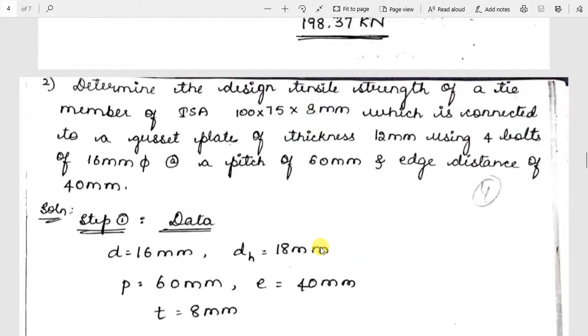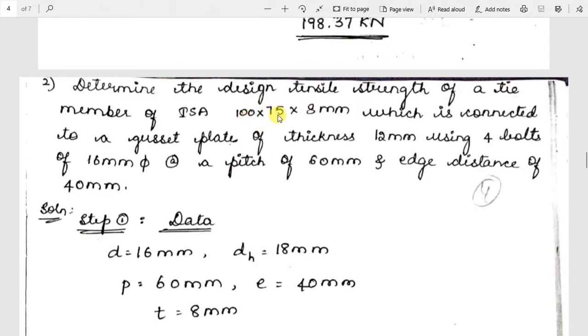So moving on to the next problem, we are being asked to once again determine the design tensile strength of a tie member, tie in the sense tension member itself. So here, instead of a plate as used in the previous problem, he is using an angle ISA 100, 75 and 8 mm. So it is an unequal angle.